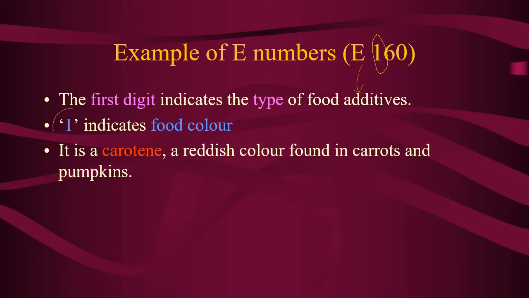In this case, 1 means food coloring. So this E160 is actually a carotene, a reddish or orange-red color found in carrots and pumpkins.